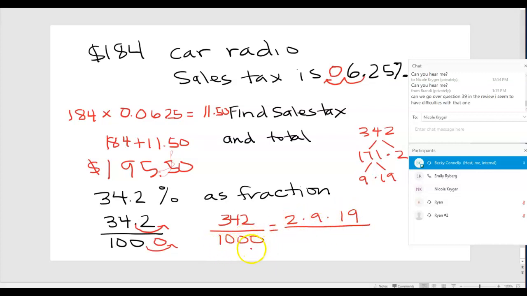And then 1,000 is just like saying 10 times 10 times 10. So when you break that down, it's going to be 2 times 5 times 2 times 5 times 2 times 5. So there's really only the 2's that end up dividing out on top and bottom. And what are you left with? That's okay.